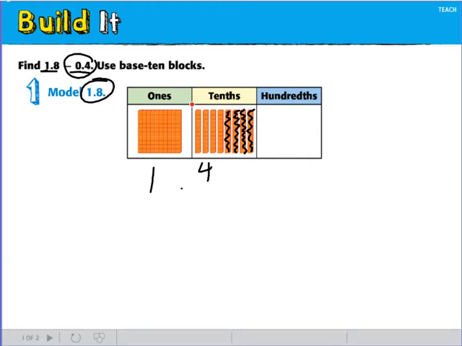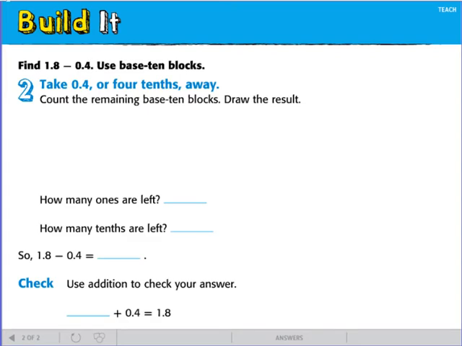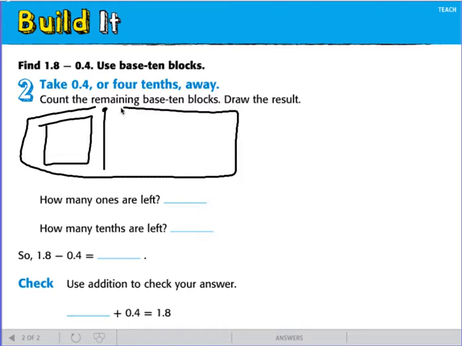So, if we take 4 tenths away, all right, so I draw it, there's my 1, right? I like their little box that they use too. I know you guys probably don't. This is my ones. This is tenths.